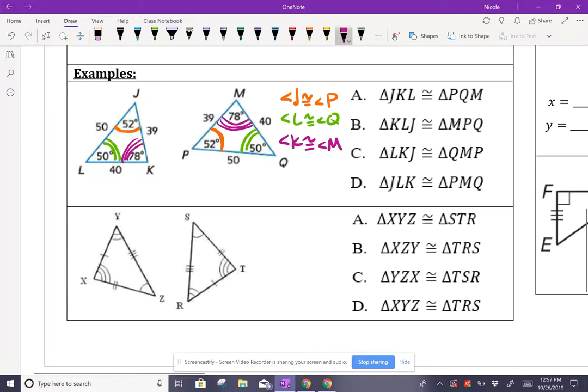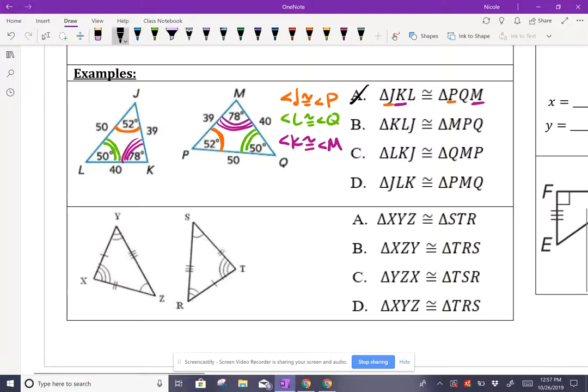We look at our first. We have J and P. Okay. And then we have K and M. Are those in the same place? K is in the middle, M is on the end.